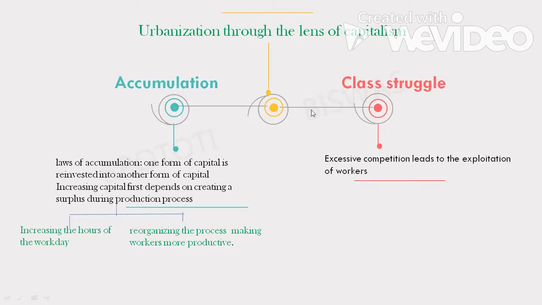Then comes the class struggle. How does this class struggle occur? Surplus can be created in two ways. The capitalist's main aim is to get more capital, more profit. They get profit, they reinvest that profit, and they can do so in two ways.